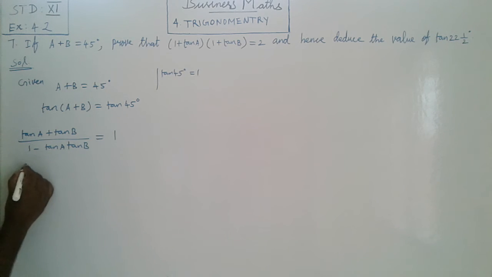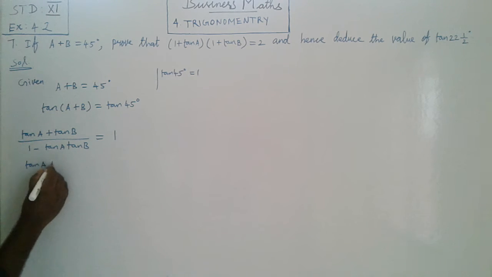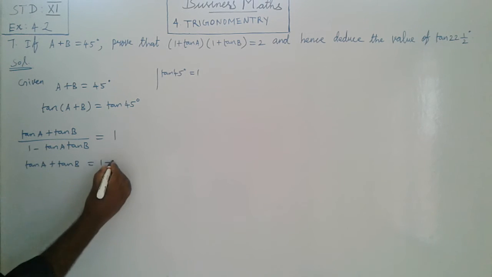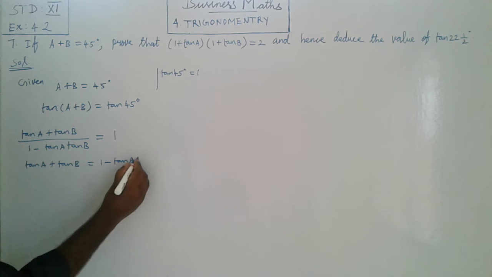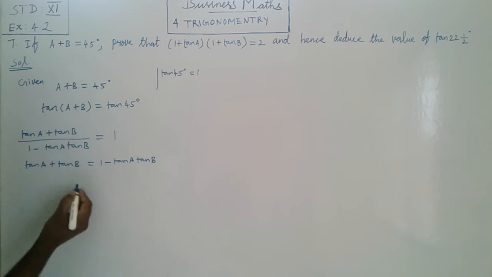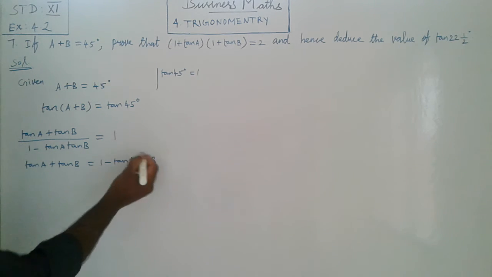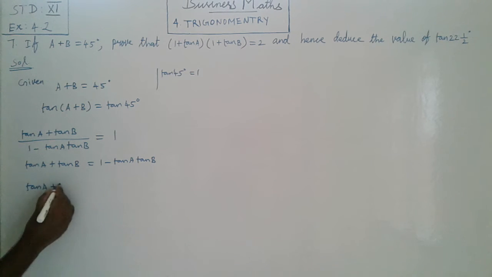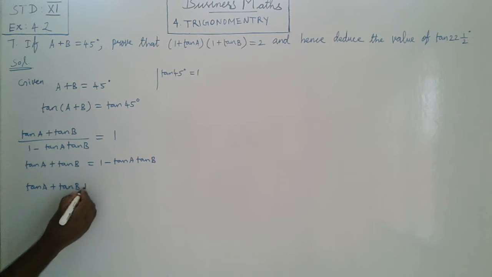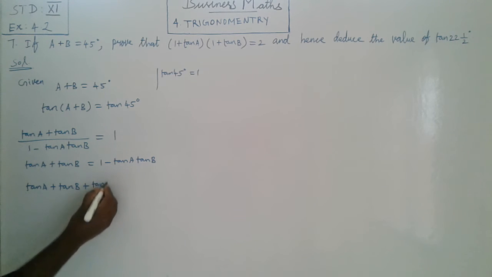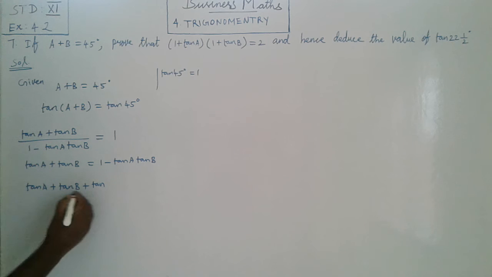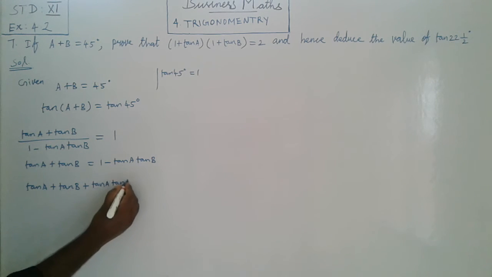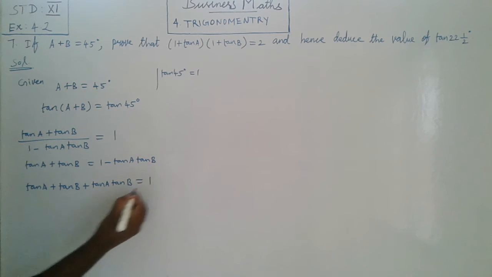Now cross multiply: tan a plus tan b equals 1 minus tan a into tan b. Now take tan a into tan b to the left hand side, so tan a plus tan b plus tan a into tan b equals 1.